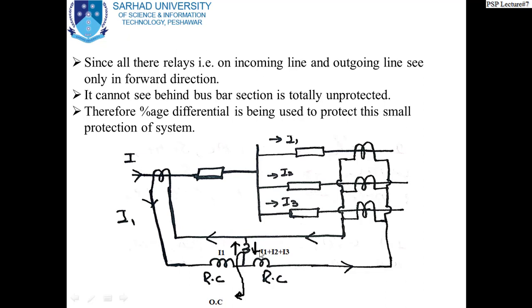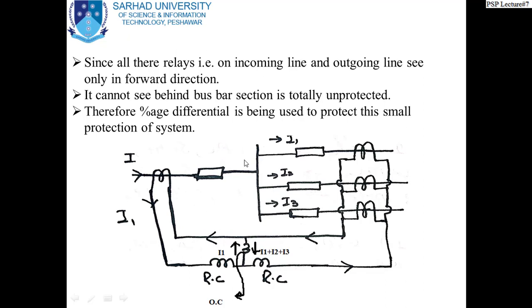So the current in the operating coil of this relay is I, and this is your number of currents I1 plus I2 plus I3. Under normal condition, I should be equal to I1 plus I2 plus I3, as has been mentioned in the previous lines. So this difference will only be disturbed when we have an internal fault anywhere on this.